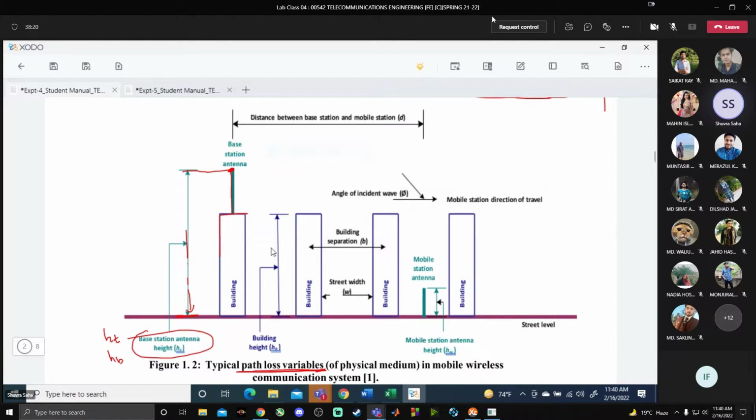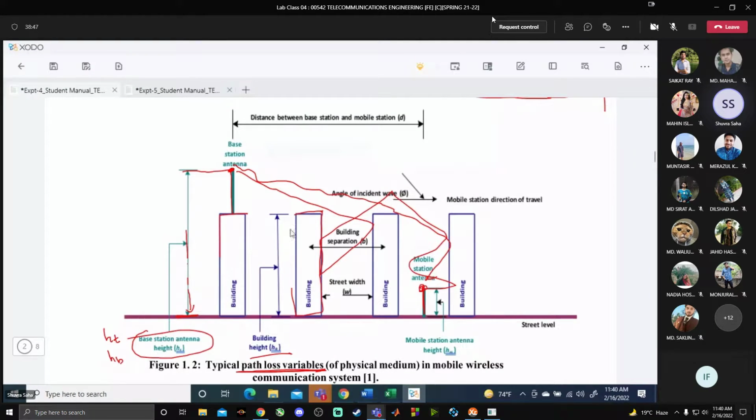Then building height is another factor. It will actually control the path loss. Why? If someone is here with a mobile set, and he wants to receive signal from the nearest base station, the signal may propagate like this, or like this.